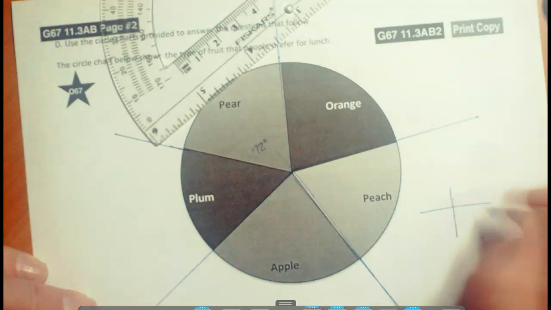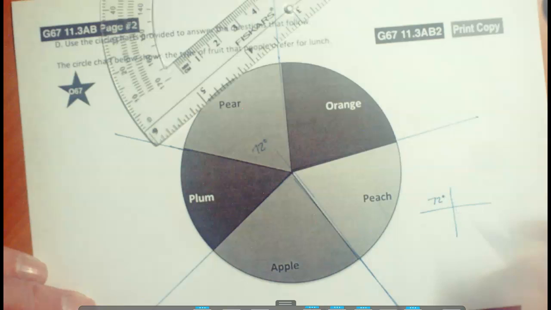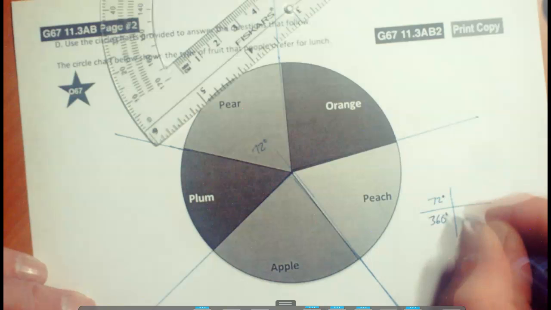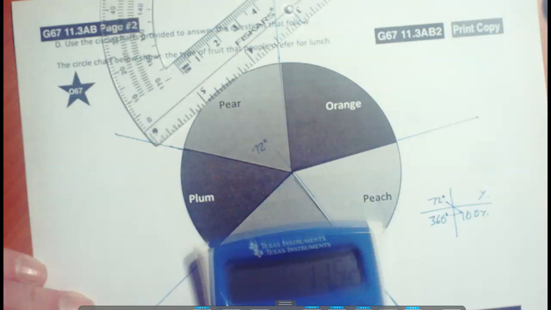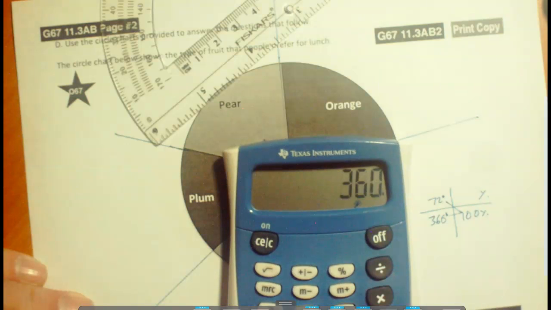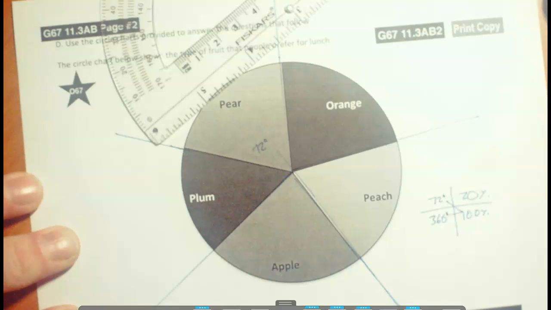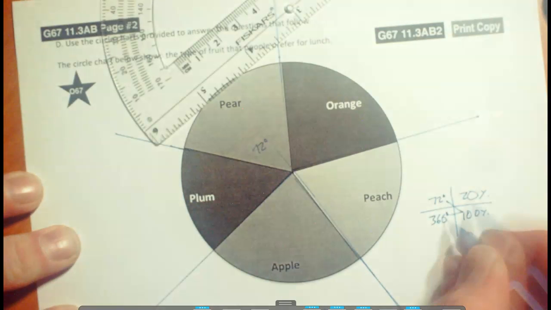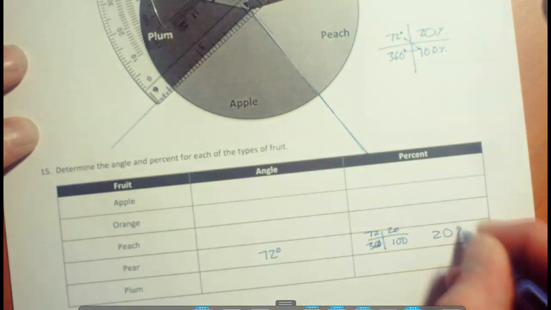Sorry, you can't see it. 72 degrees out of 360 will be proportional to some percent out of 100. 7,200 divided by 360 equals about 20. So 72 times 100 divided by 360 is 20%. So down here I'm just putting in that was 20%. So it was reflected by 20%.